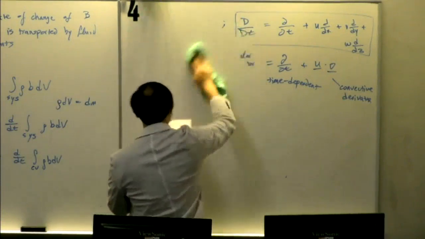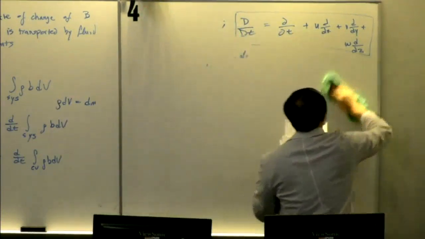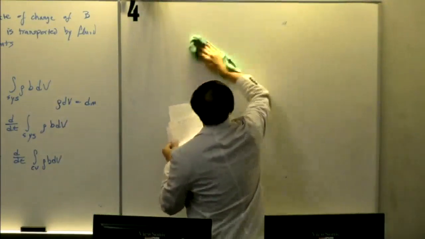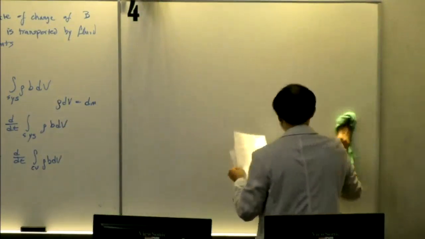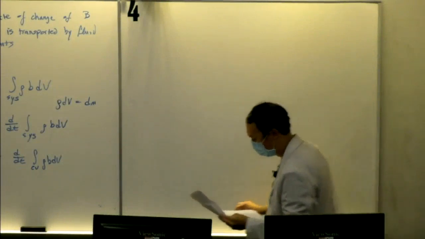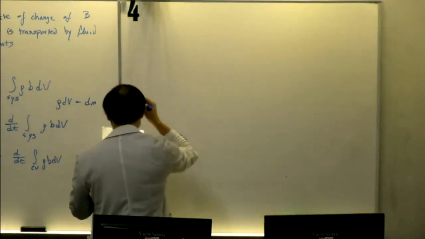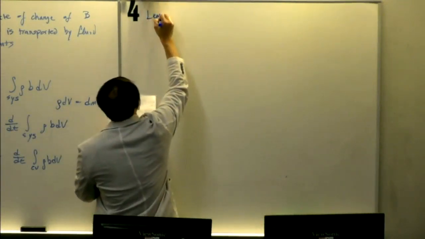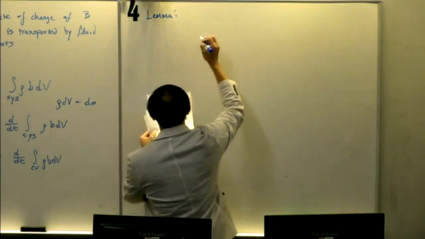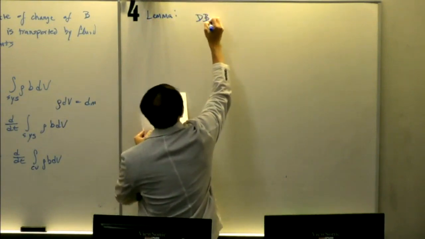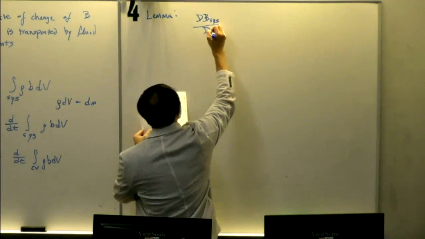The picture is that you're going to have the convective terms, which you consider as fluxes from a zone that's leaving and the zone that's coming into the fluid. So a lemma just means a little thing that's useful to know to prove the entire thing.